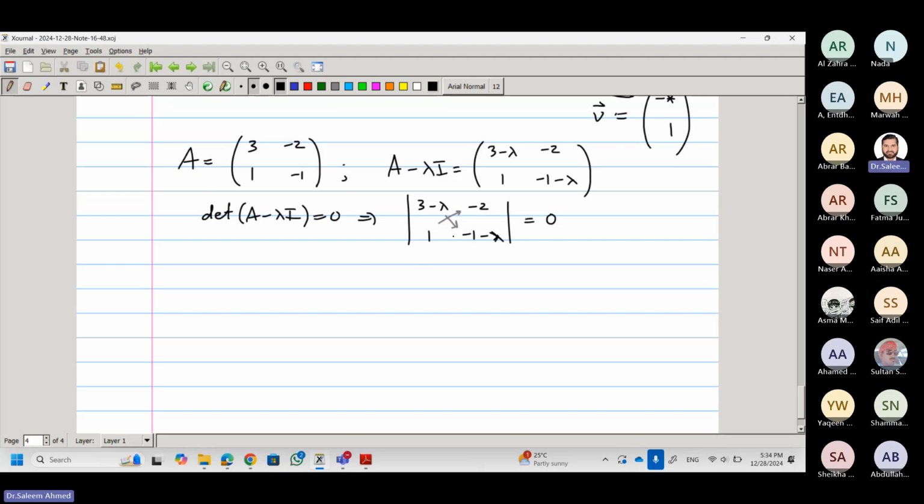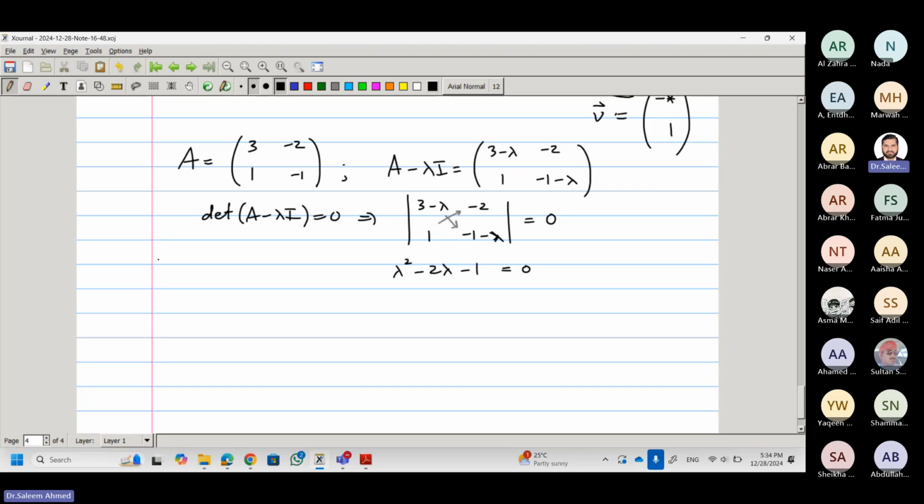So if you multiply, you will get lambda square minus 3 lambda plus lambda minus 2 lambda, and then 3 into 1 is minus 3, and minus 3 plus 2 is minus 1.